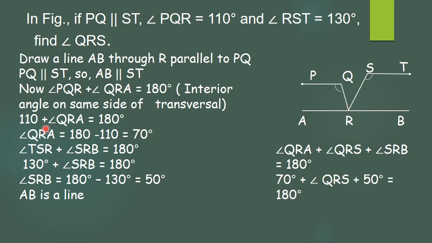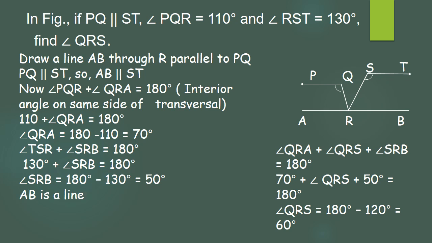Now replace the values. Here we get it as 70. This angle we get as 50. So 70 plus QRS plus 50 is equal to 180, and therefore angle QRS is equal to 180 minus 120, that is equal to 60 degrees. So in this case only the first part what we require, that we have to draw the line through R parallel to PQ.